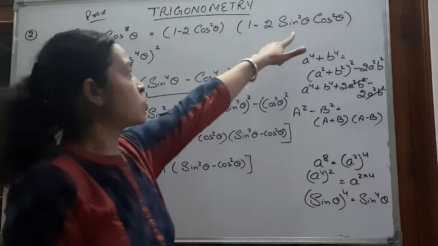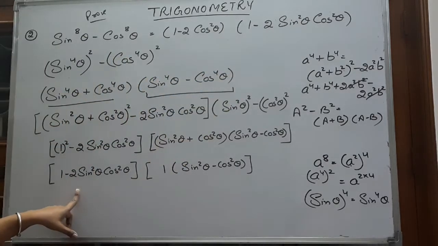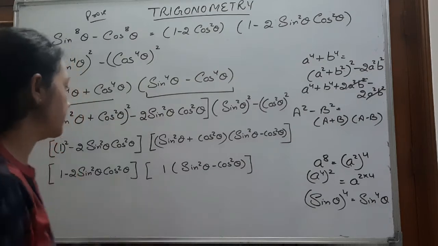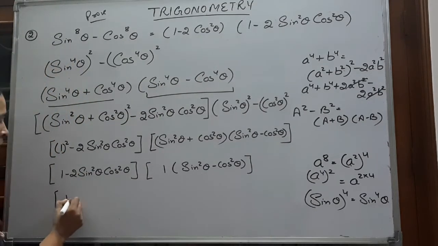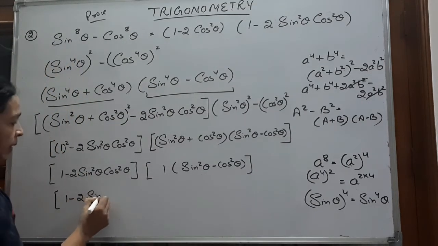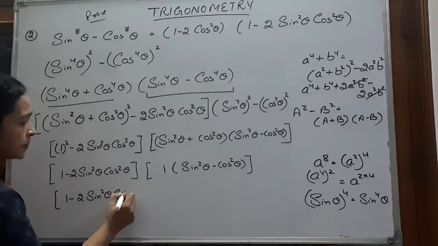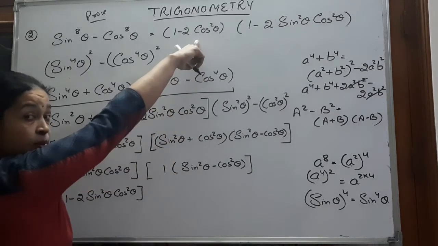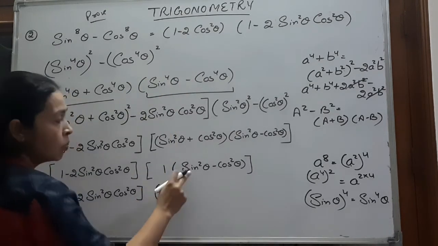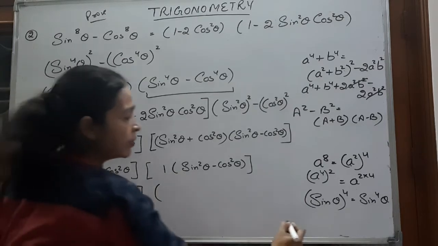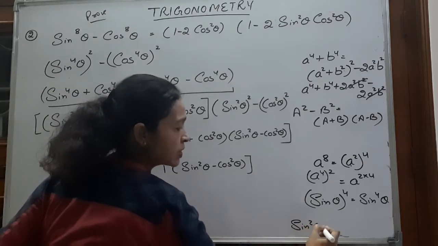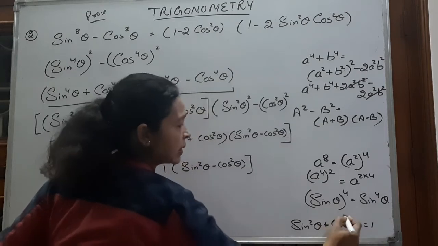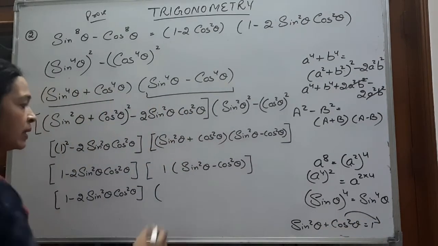1 minus 2 sin square theta cos square theta we have got. Here we need 1 minus 2 cos square theta. Now what will we do? Write this term as it is. Our answer must be in cos. What is sin square theta? If sin square theta plus cos square theta is 1, then sin square theta is 1 minus cos square theta.